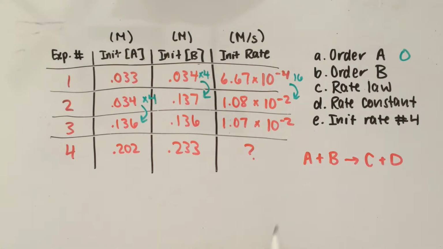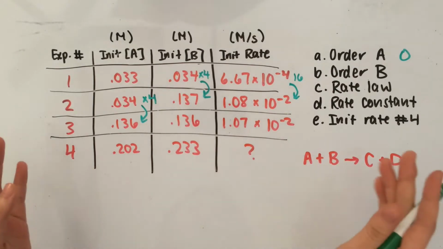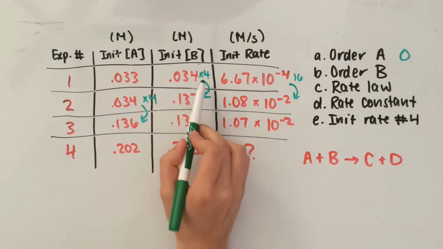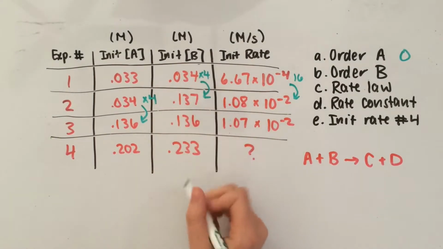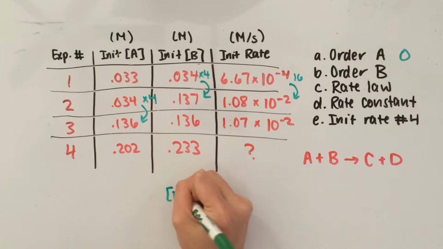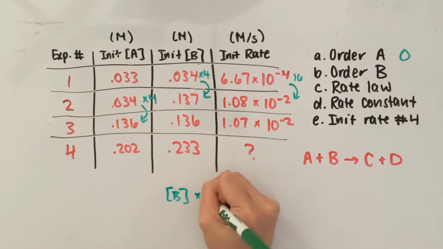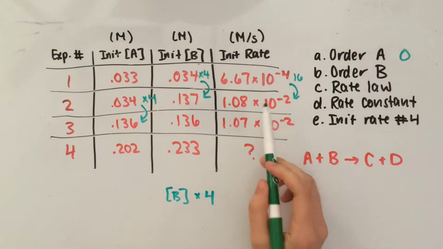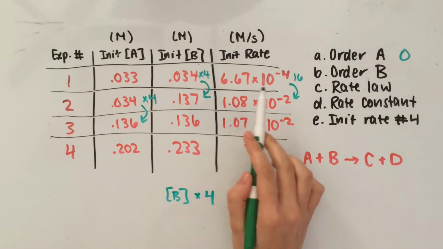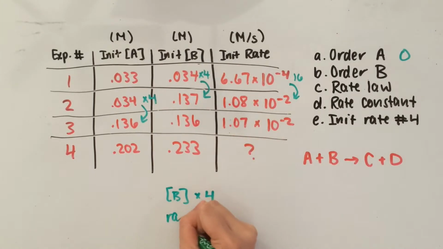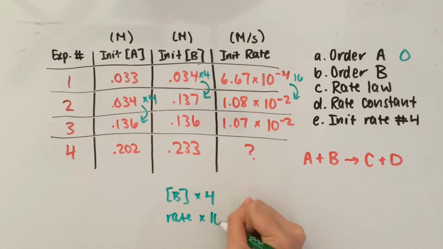Now, obviously there's been a change in rate. So what is the order of B? Well, the concentration of B has been multiplied by 4, and the rate has been multiplied by 16.